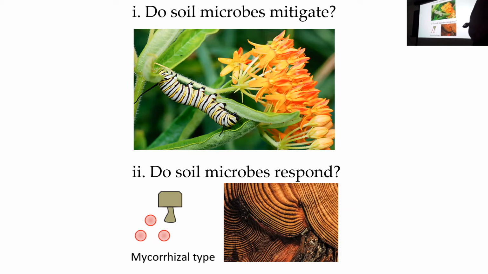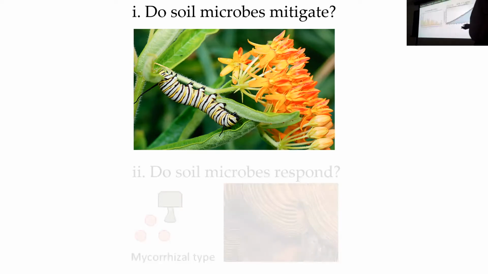In the second story, I'm going to focus on differences in mycorrhizal types, such as the arbuscular mycorrhizal fungi, which colonize inside the roots, as well as ectomycorrhizal fungi. And I'm going to focus on how decomposers respond to the soil conditions that are orchestrated by these two different mycorrhizal types.